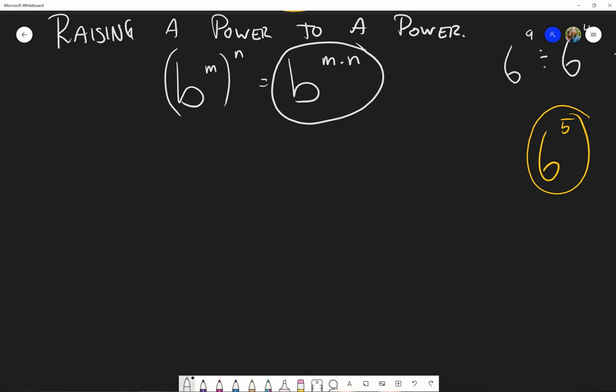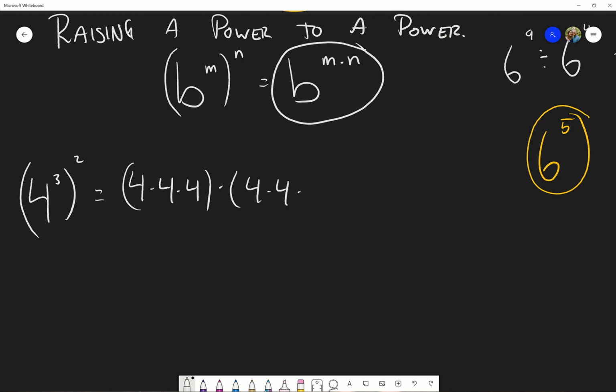All right. So let's say I had 4 to the power of 3, squared. Or 4 to the power of 3 times 4 to the power of 3. So I would write that, and I would say, all right, well, this is 4 times 4 times 4 times 4 times 4 times 4, or 4, 1, 2, 3, 4, 5, 6 times.